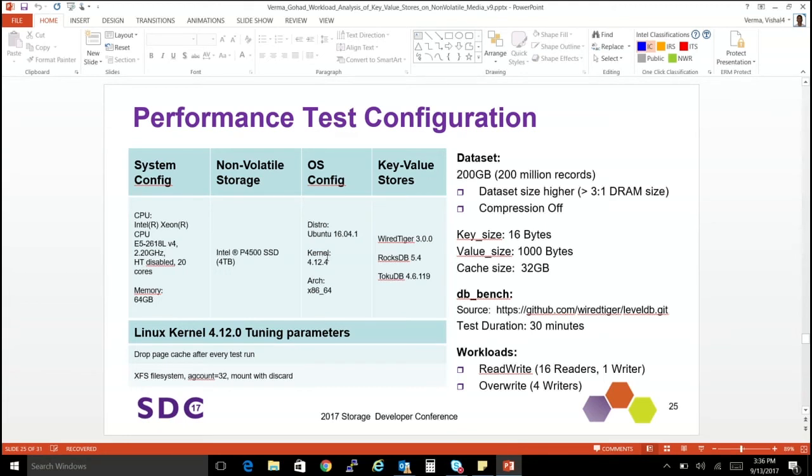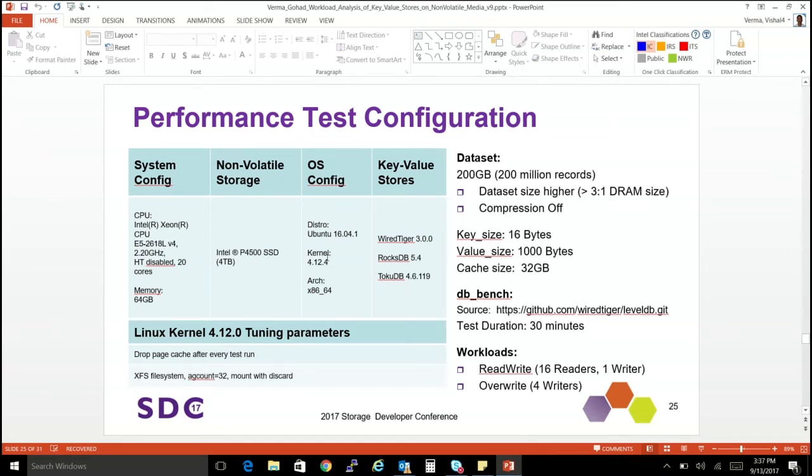We took 3 key-value stores: WiredTiger, which represents the B-tree, RocksDB for LSM, and TokuDB, which represents the fractal trees. And these are pretty much the latest versions. We got a data set of 200 million records, and we wanted to see how fast my read and write operations perform using these 3 different key-value stores.